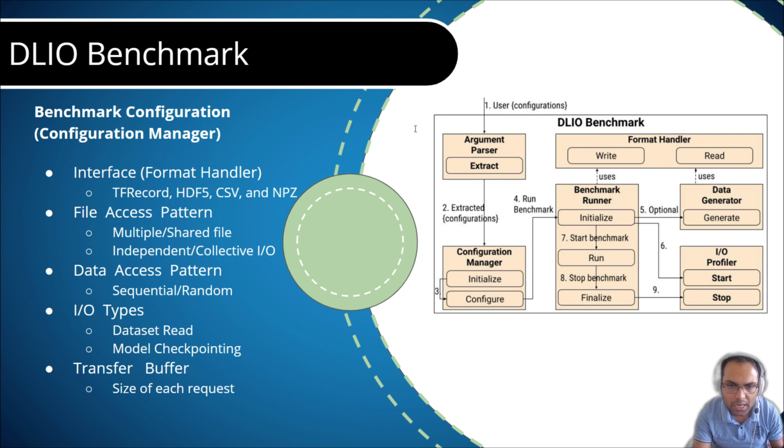We can emulate different dataset reading patterns such as sequential or random based on the supported interfaces. Also, we have two types of I/O in the benchmark. The first is the standard dataset reading, and the second is model checkpointing over n steps of computation. Finally, we can tune the request size distribution within our benchmark for interfaces.